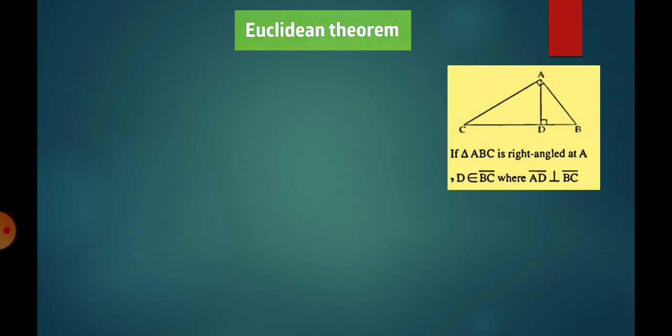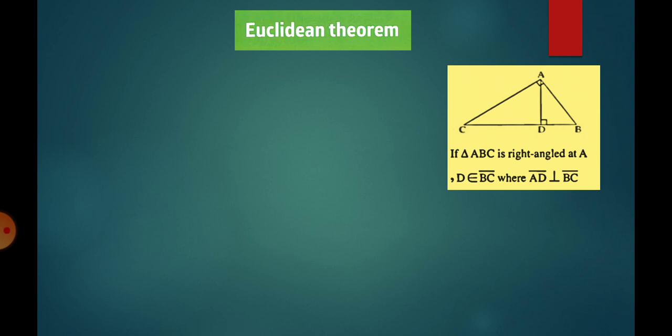Euclid told us the area of a square drawn on one of the two sides of the right angle equals the area of a rectangle whose two dimensions are the projection of this side and the hypotenuse.